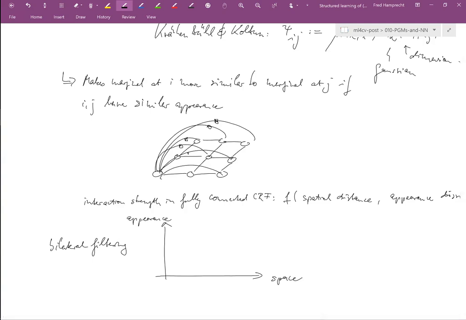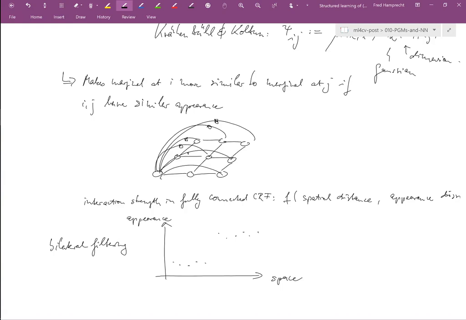Appearance can have very many dimensions, but if we just take the gray value at each pixel, then appearance would be 1 dimensional. So if I take a single row from an image, then my pixels will be equidistant in space, and well, they can be whatever in appearance. So for example, here we apparently have an edge somewhere along this row in the image.